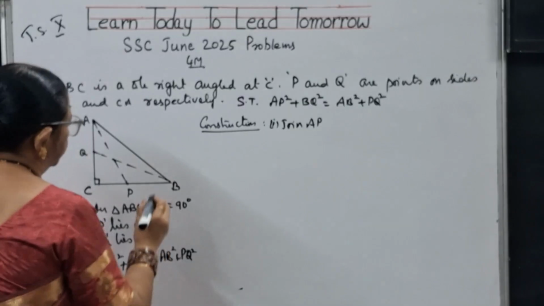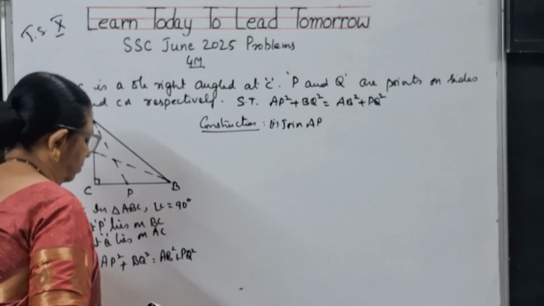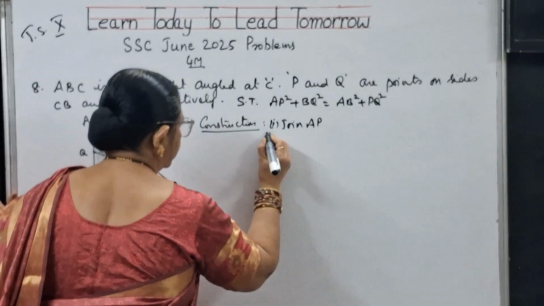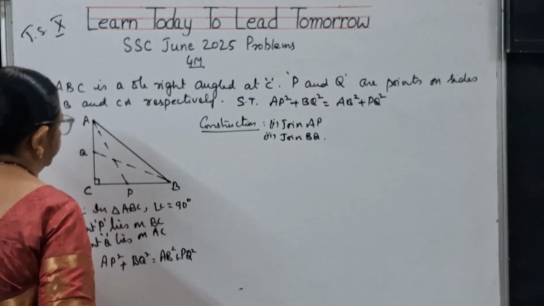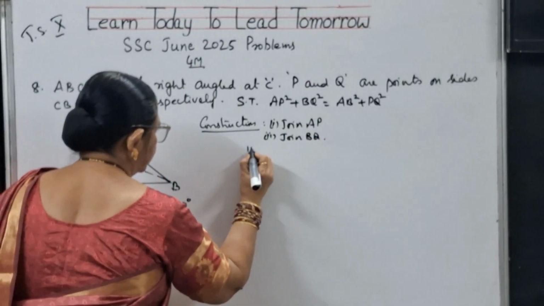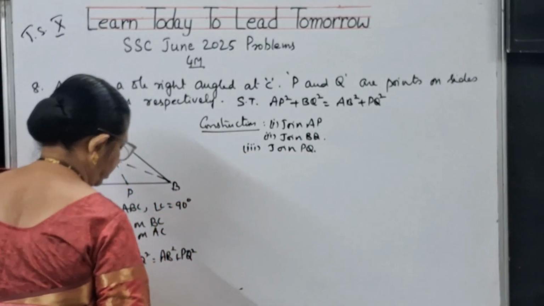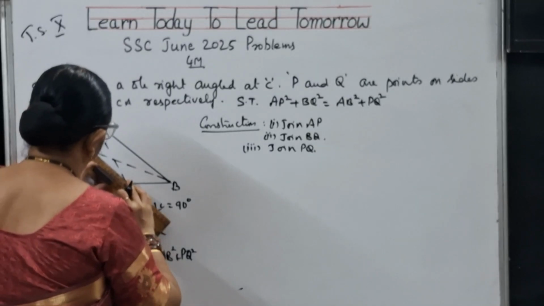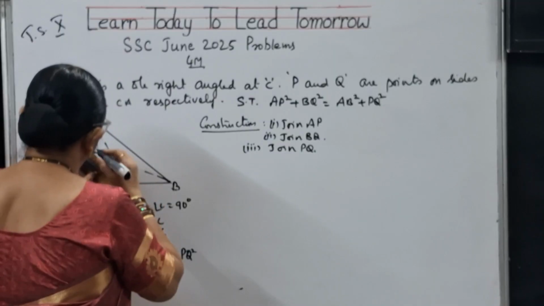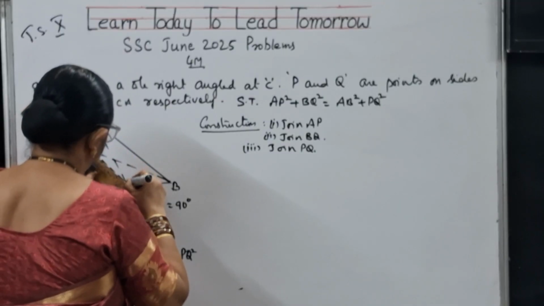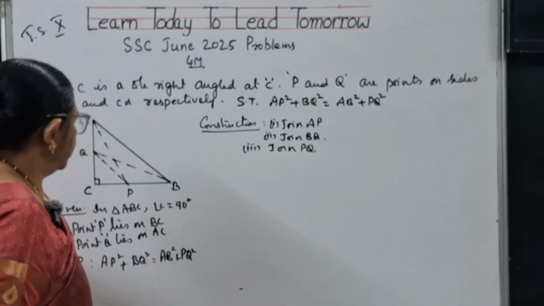Now, in fact, there is a third one to prove this: you need to even join PQ, because they are asking for PQ square. You need to join PQ, then only you can prove this, children. Otherwise, you cannot prove it. So join AP, BQ, and PQ.